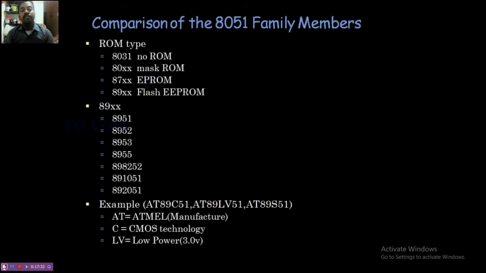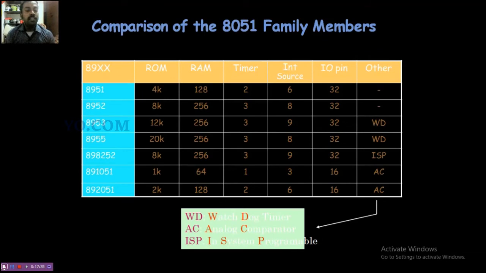Okay, comparison with other microcontrollers. This is a comparison. This is another comparison, a comparison table. Here the 8051 and 8031 are the same, with an inbuilt 4K memory, 128 bytes RAM, 2 timers, internal source, then 32 IO pins.